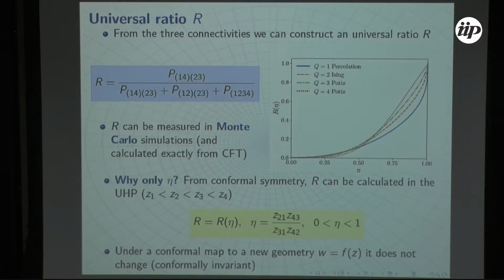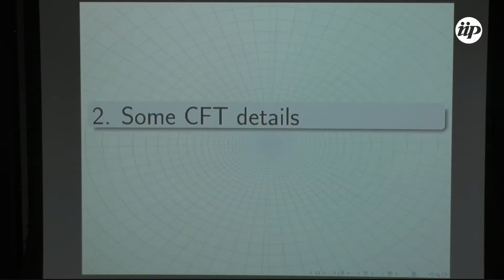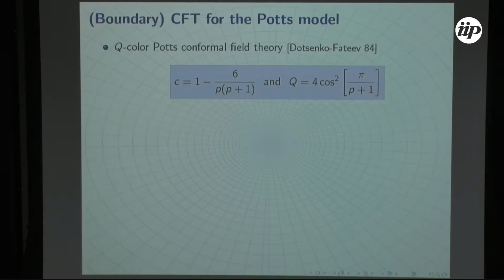And now I'm going into some details of the calculation. Some details of conformal field theory, and then we'll see how I was able to calculate this ratio. Basically, the conformal field theory which describes the Q-state Potts model has been known for a long time, from work by Dotsenko and Fateev in the 80s.